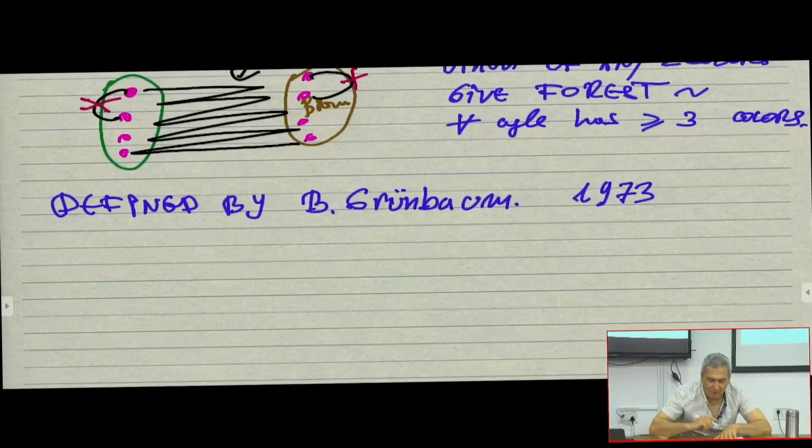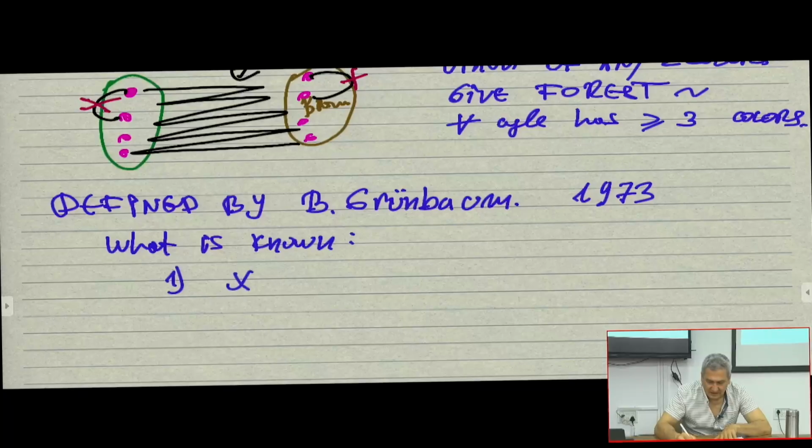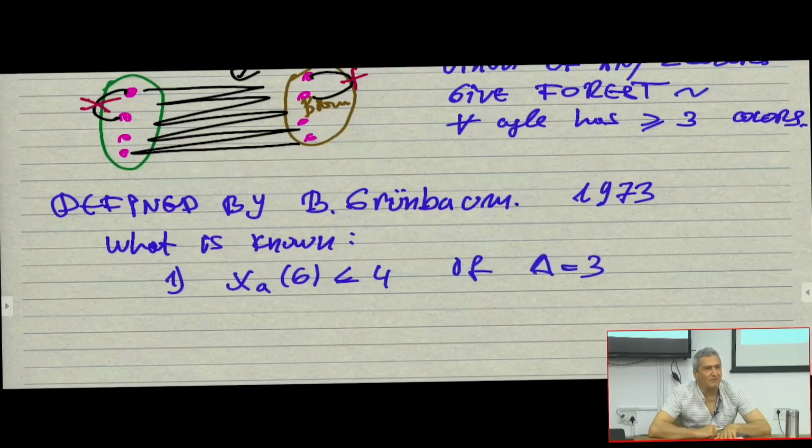What is known? For a graph of maximum degree 3, we can do it with 4 colors. That was by Grünbaum.